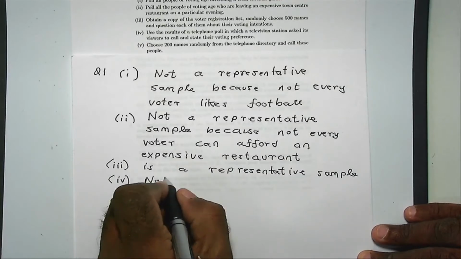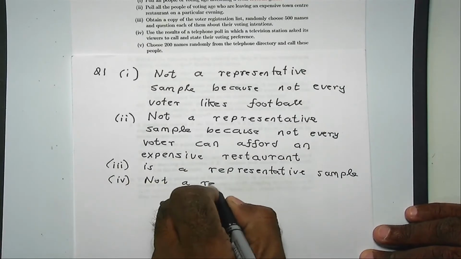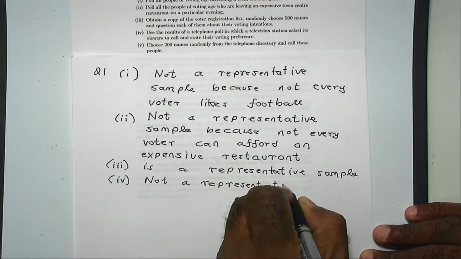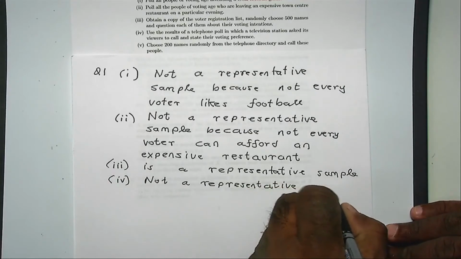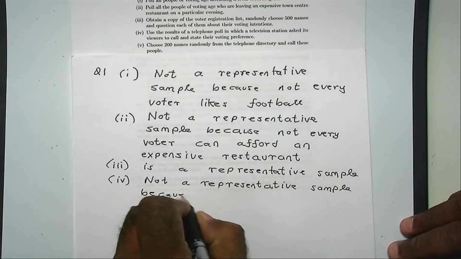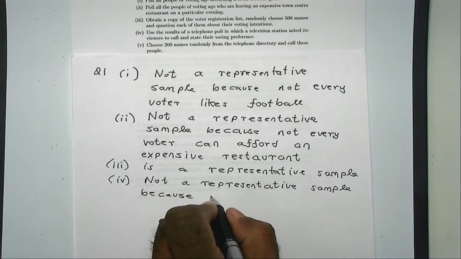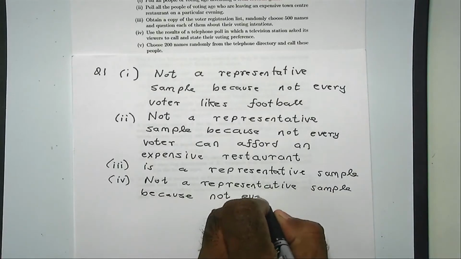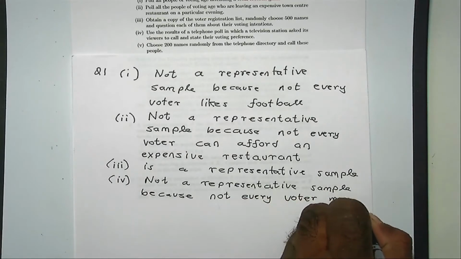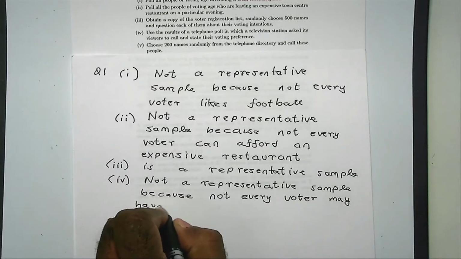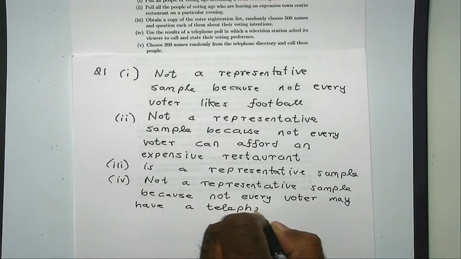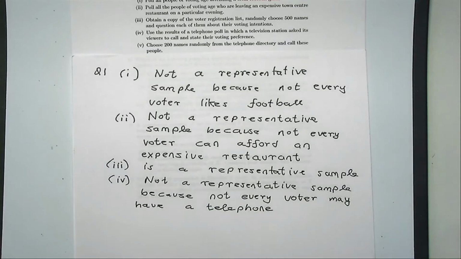This is not representative because not every voter may have a telephone. So that's part 4.